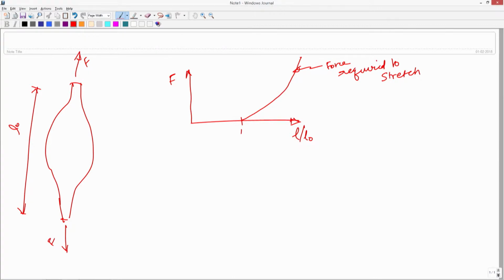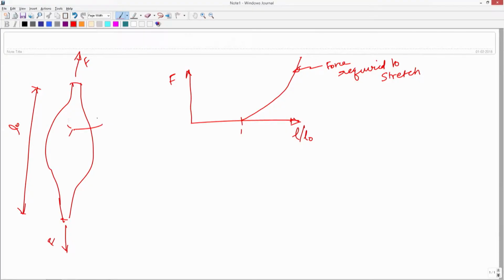Now, you have to see that this is without any addition of electrical stimulation. We have taken a muscle out of the body and put it in our stress-strain or force application setup, or even with the hands you are trying to stretch it, and this is going to be your force resisted by the muscle. Now, suppose we apply electrical stimulation.